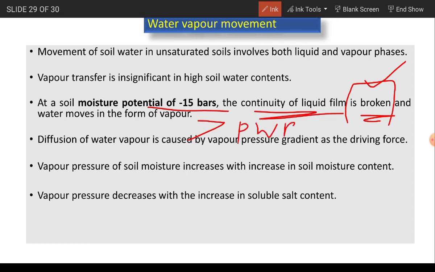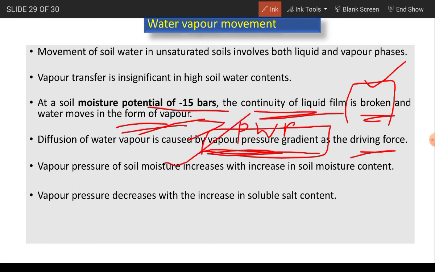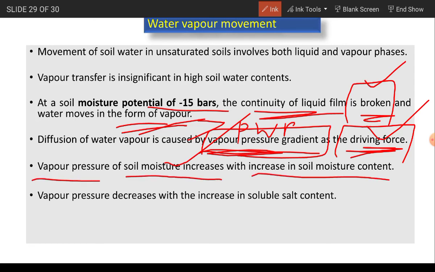In vapor form it moves by the vapor pressure gradient, which is the main driving force of water vapor movement in the soil. The vapor pressure of soil moisture increases with increasing soil moisture content. Vapor pressure decreases with increasing soluble salt content.